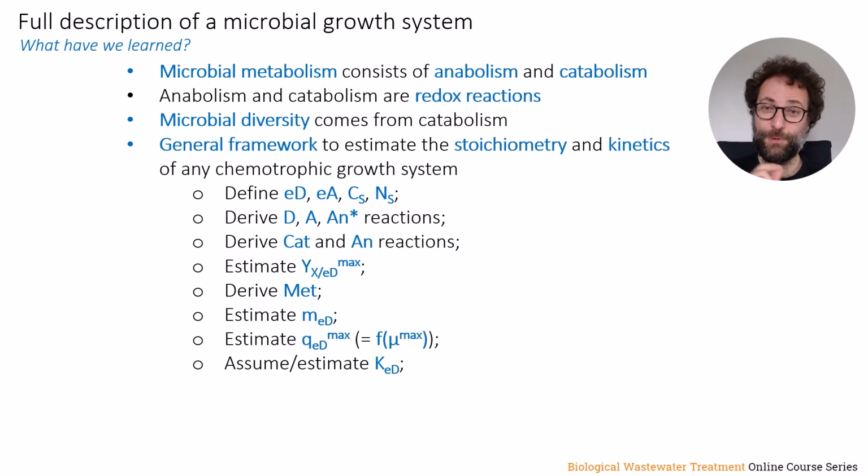Now, what I want to highlight here is the fact that we will go through all these steps for you to consolidate your knowledge in the next and last video, where we will exercise on this.